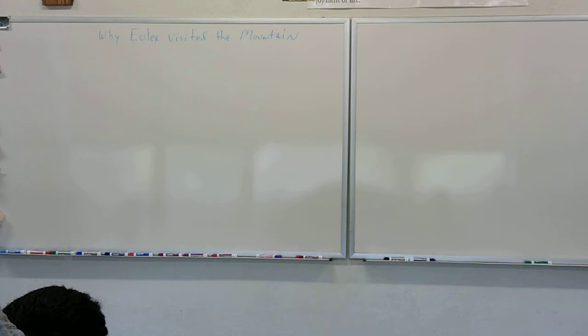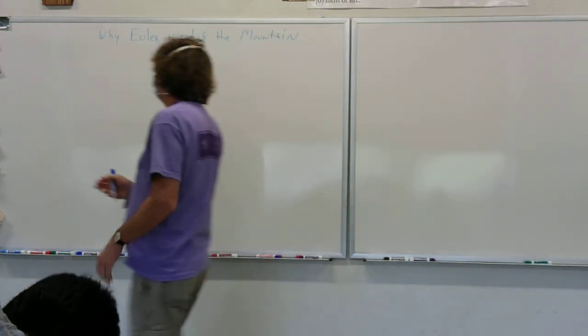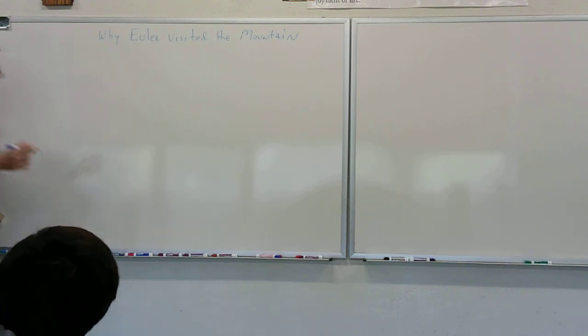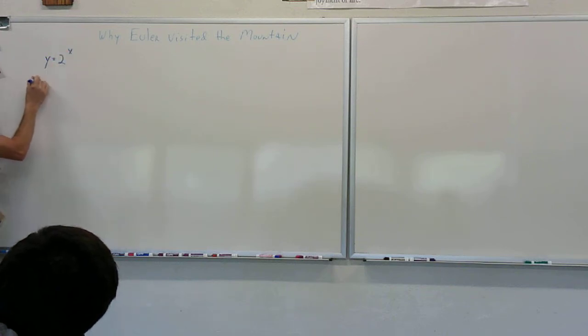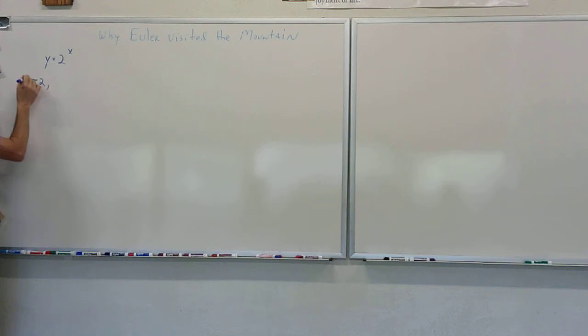Okay, here we go. y equals, is it okay if I just make them y equals instead of f of x equals? Everybody okay. y equals 2 to the x. Well, if you put a -2 in there, I think everybody knows you're going to get 1/4 out. Is that okay?